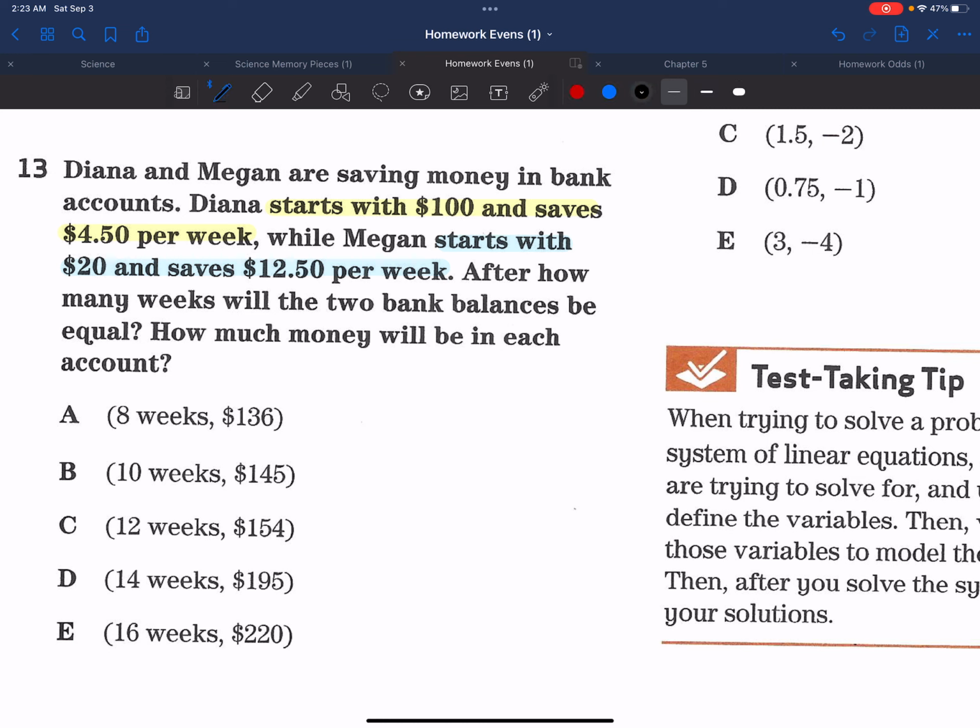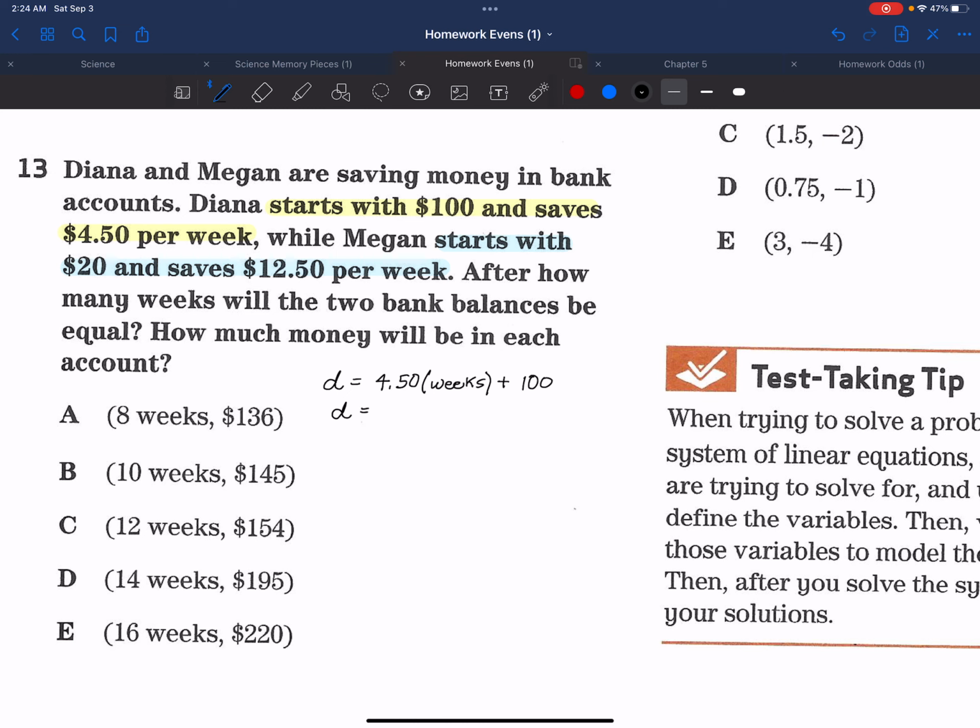So the first thing we need to do is write the equations. So Diana equals 4.50 times the number of weeks plus her beginning amount was 100.